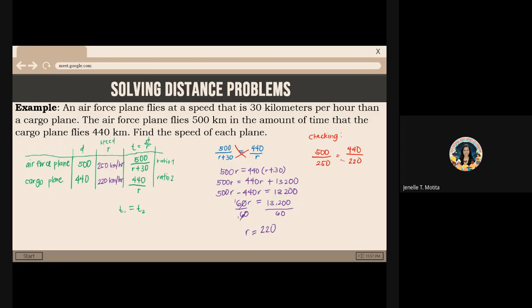By cross multiplication, you will have 500 times 220, that is 110,000, is equal to 440 times 250, that is also 110,000. And so our answers are correct. So this is the speed of each plane. Again, we got 250 kilometers per hour for the Air Force plane and 220 kilometers per hour for the cargo plane.